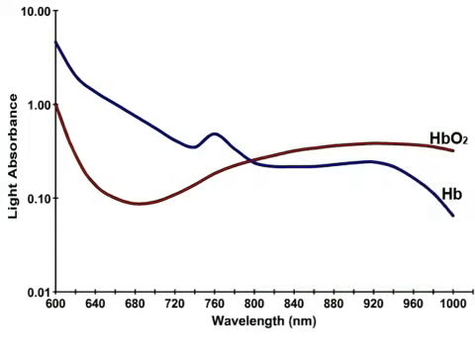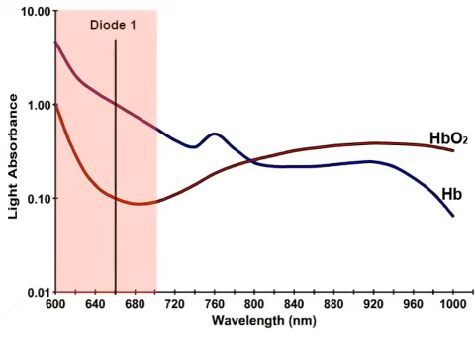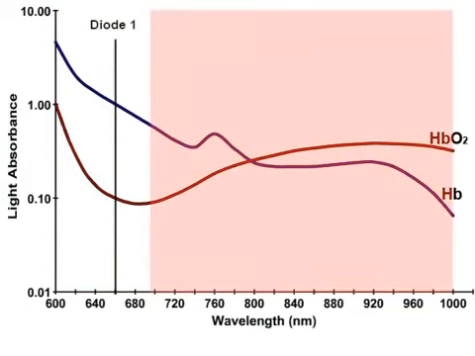One light-emitting diode emits light in the red spectrum at a wavelength of 660 nanometers, at which the light absorption of deoxyhemoglobin is greater than that of oxyhemoglobin. The other diode emits light in the infrared spectrum at a wavelength of 940 nanometers, at which oxyhemoglobin absorbs more light than deoxyhemoglobin.